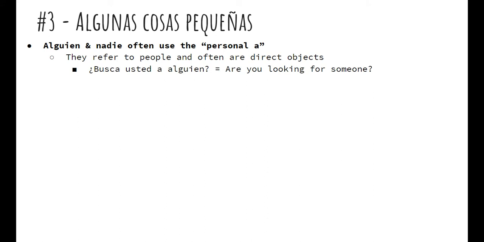Are you looking for someone? No, no busco a nadie. No, I'm not looking for anyone. And there you'll see that double negative again. In English, we've got anyone, right? No, it makes it no, I'm not. It's negative. Once a sentence is negative, we need to use a negative indefinite, so that anyone there is translated as no one in Spanish.